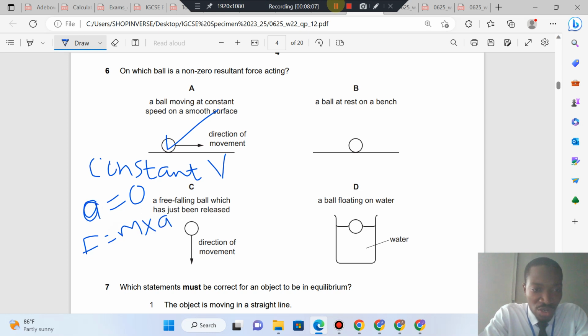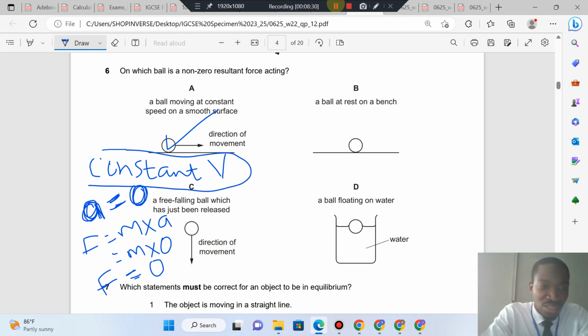When acceleration is equal to 0, then what's the value of the resultant force acting on the body? Since acceleration is 0, mass times 0 is 0. So the resultant force is 0 when acceleration is 0, and then we say an object is moving at constant speed.